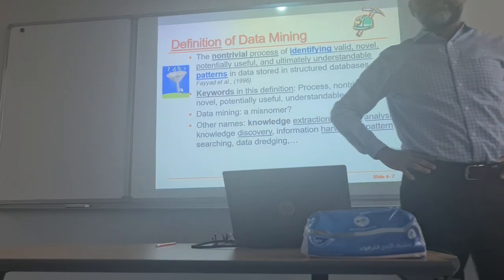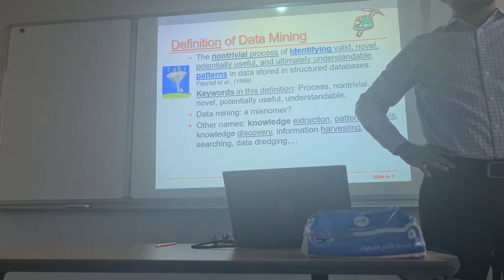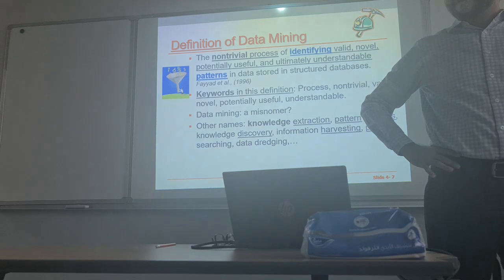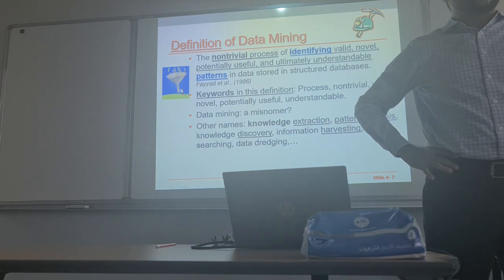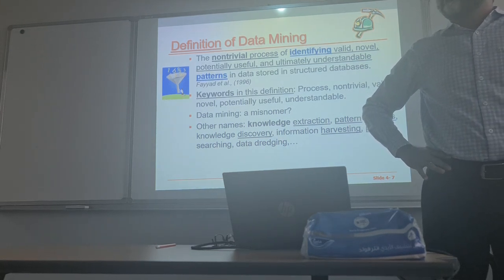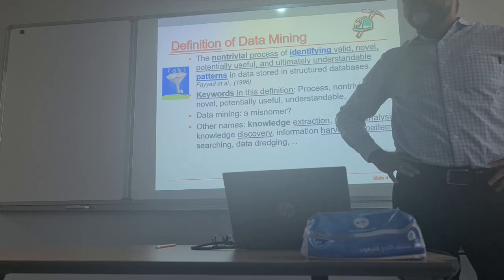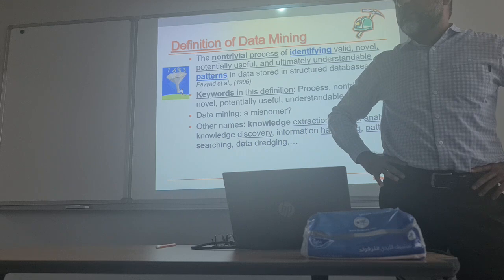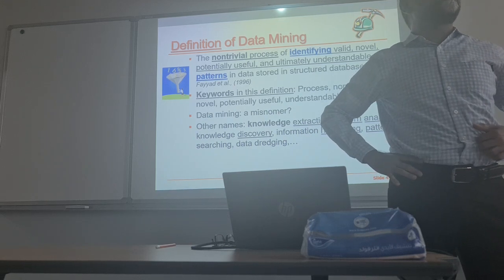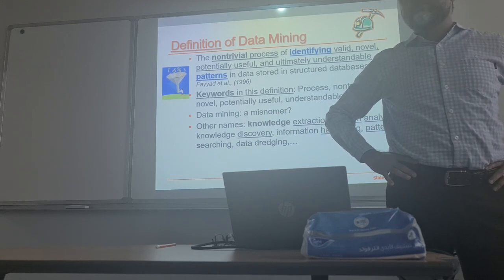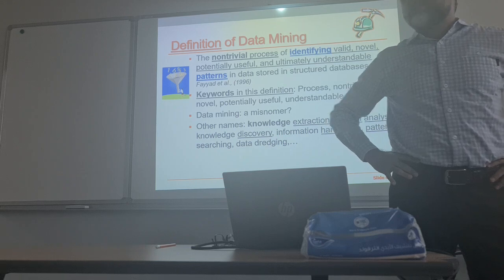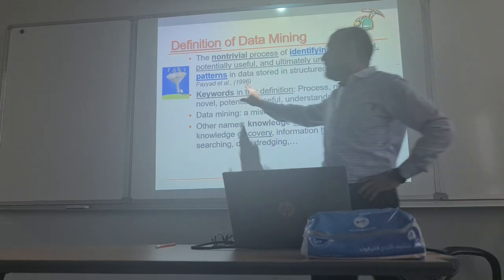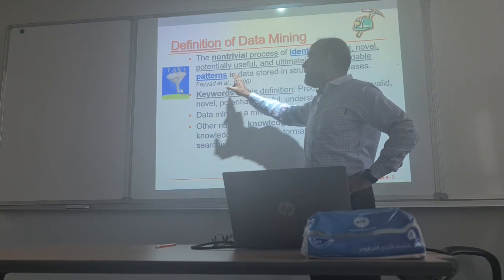For example, if you're selling products and storing your sales transaction data, it should tell you which product is more popular in which season, which product has more demand and which has less, right? And you can use all that information in making good business decisions. So those hidden things, we call them patterns.